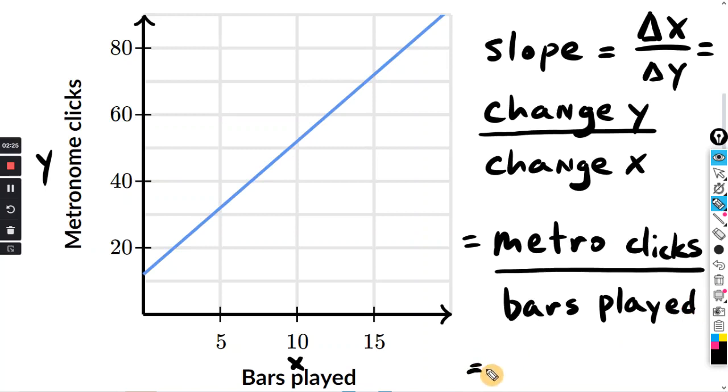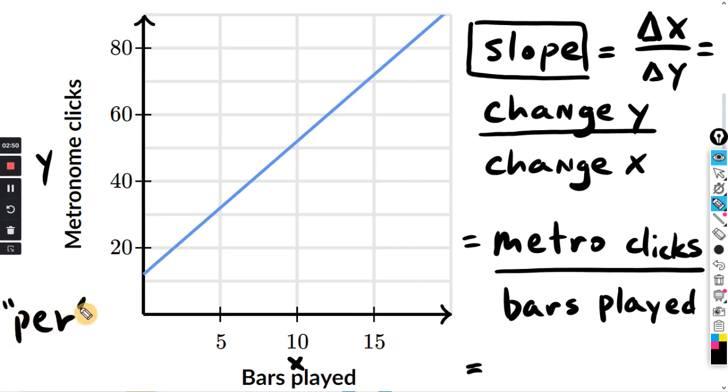So you can see that the slope, which is the change in y over the change in x, will give us the number of metro clicks per bars played. When you see the word per, it usually means divide.